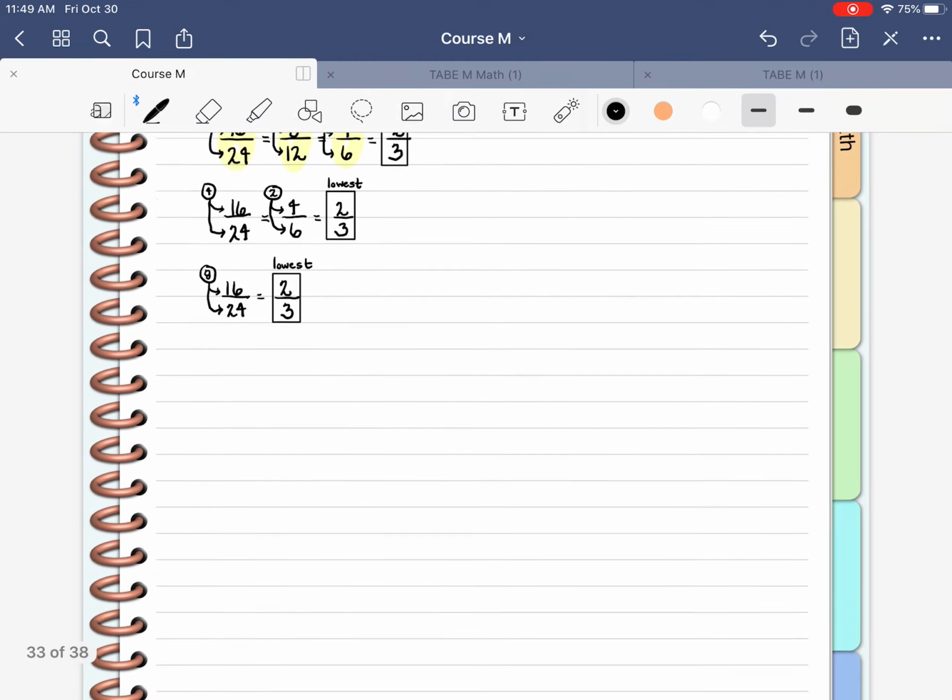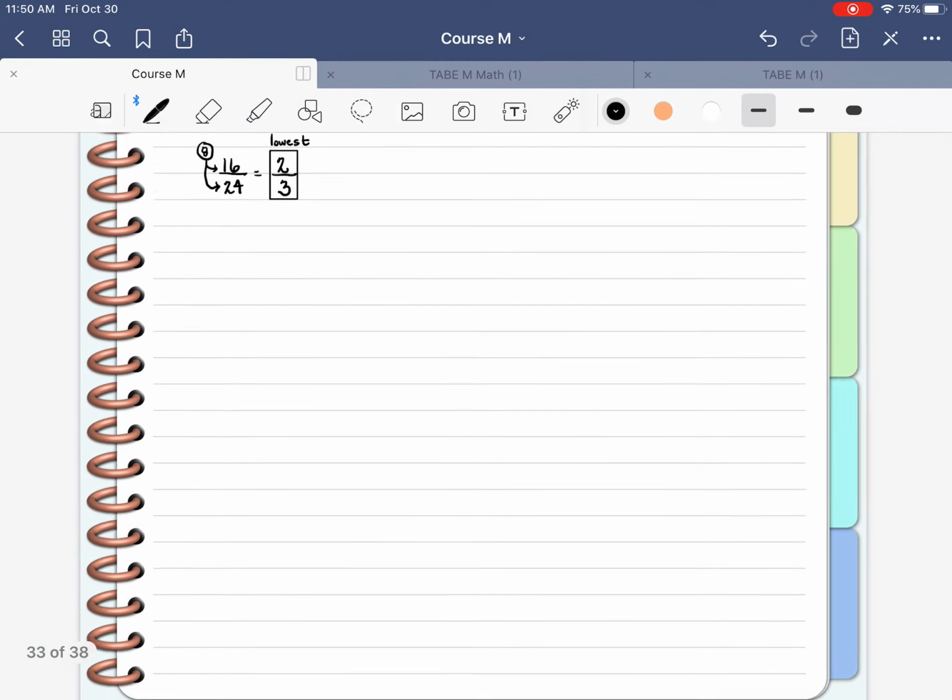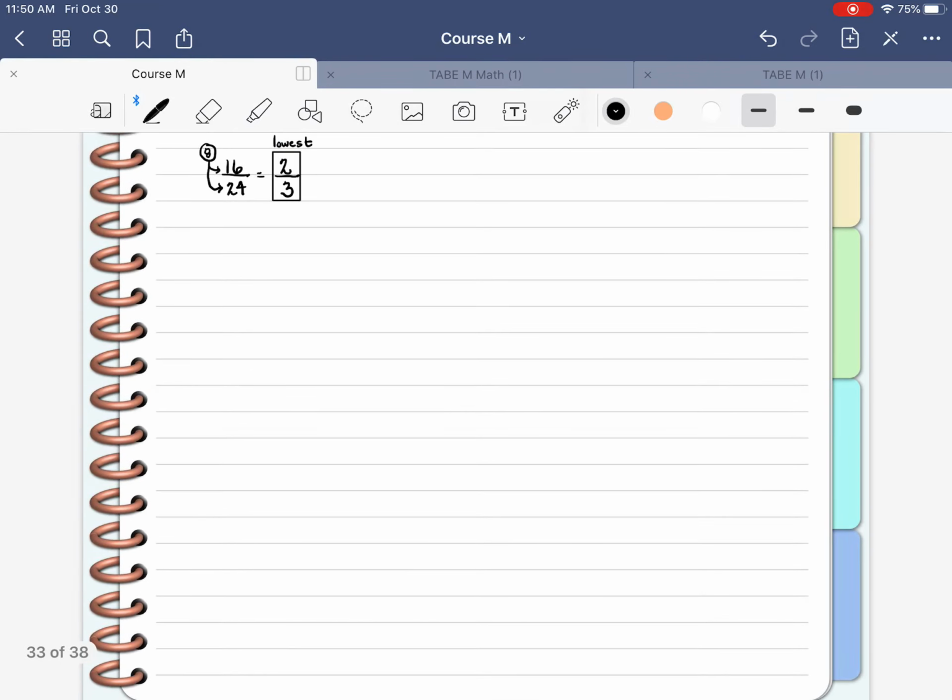Okay, let's do some examples of getting equivalent fractions by building up. So let's find equal fractions by raising to higher terms. Now raising, that's building up, that's multiplying.